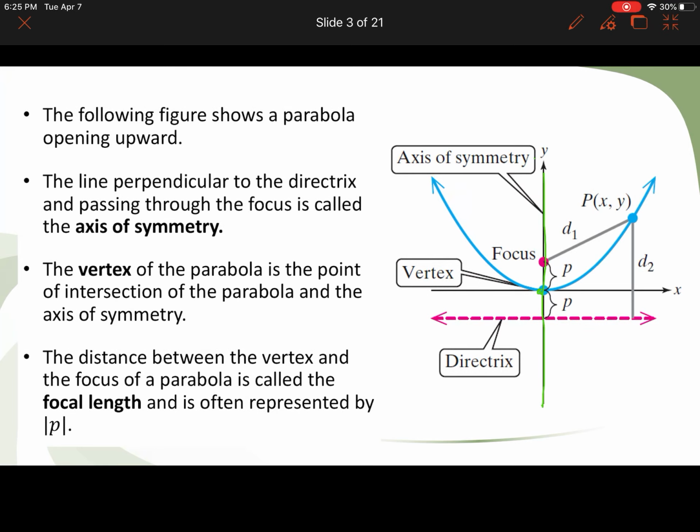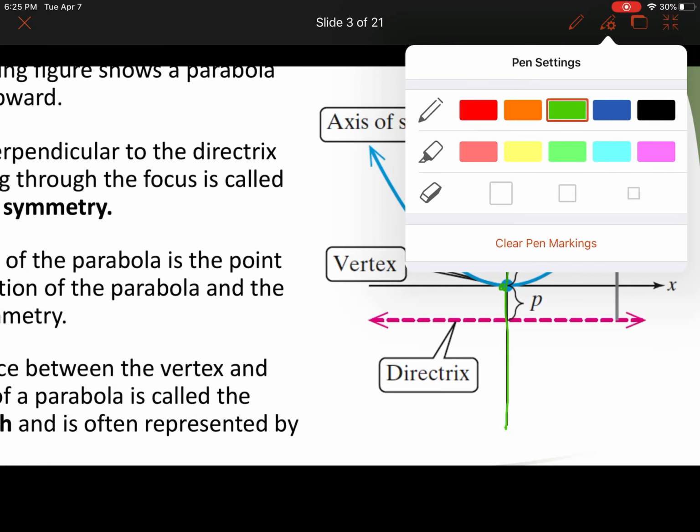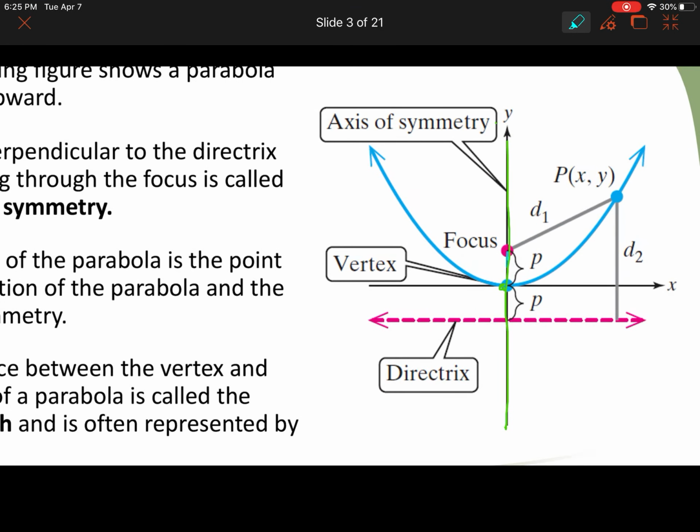Then the distance from the vertex to the focus is called P. It's usually referred to as P. It's the length, which is the absolute value of P, often called the focal length. So it's how far it is from the focus to the vertex.